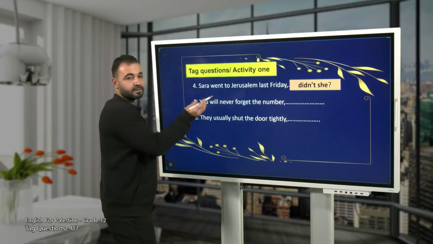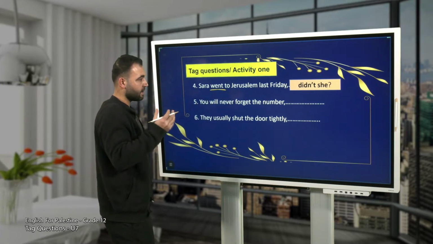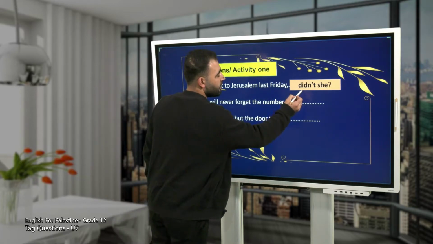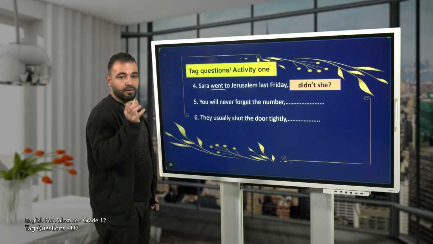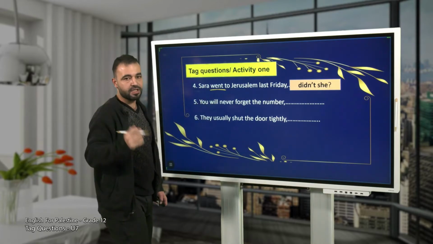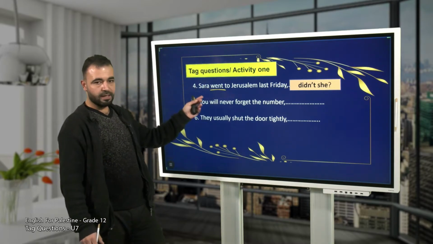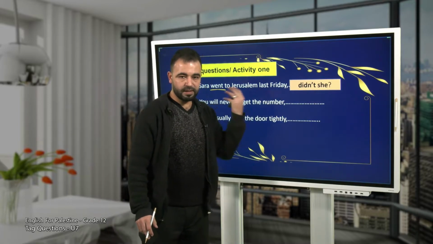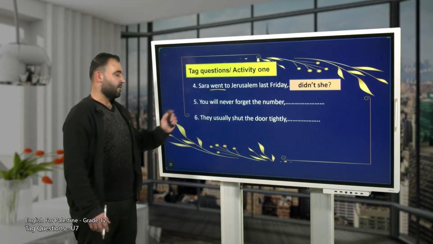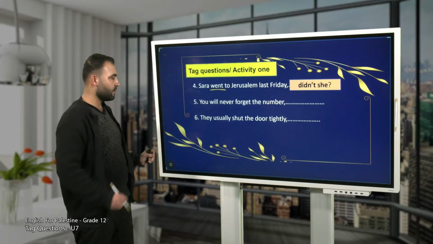Sarah went, it's a main verb in the past, and the sentence is positive, so here we use didn't, the do with not in the past, because we are talking about an action that happened in the past. And the subject here, Sarah, the correct pronoun for this subject is she. Didn't she?